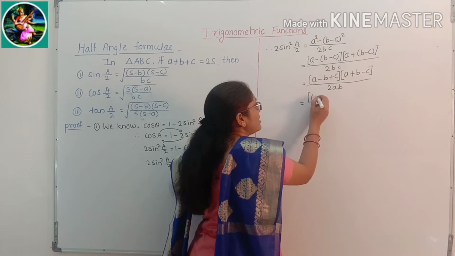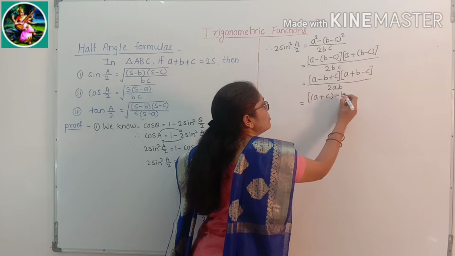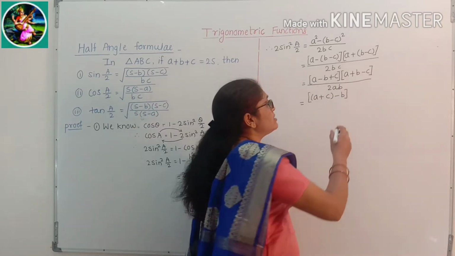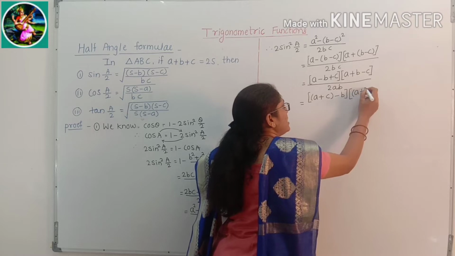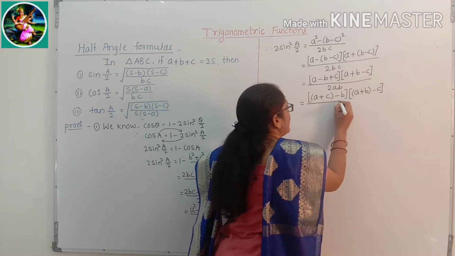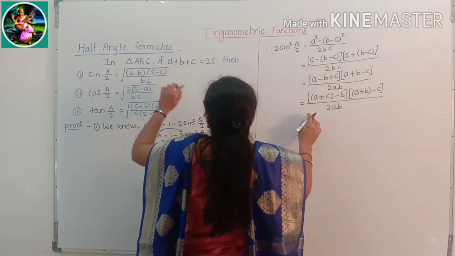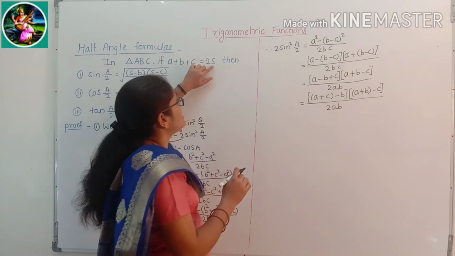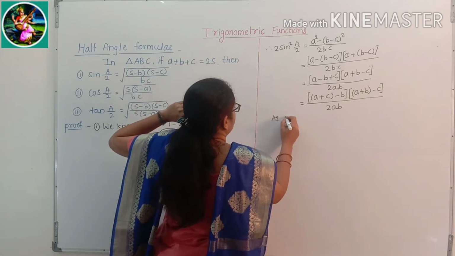I write a plus c in the bracket and minus b outside the bracket. In the second, we take a plus b in the bracket and minus c outside the bracket, divided by 2bc.